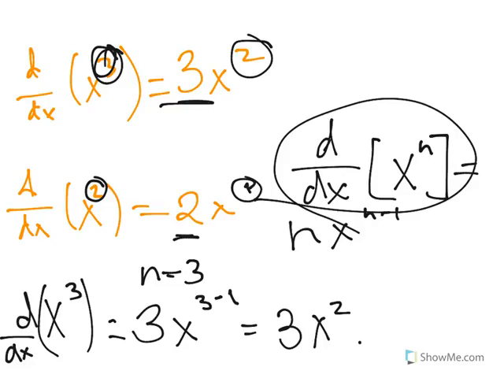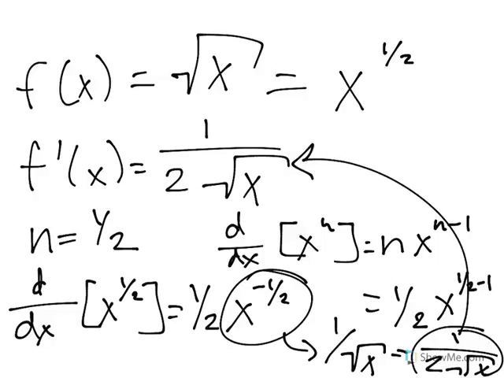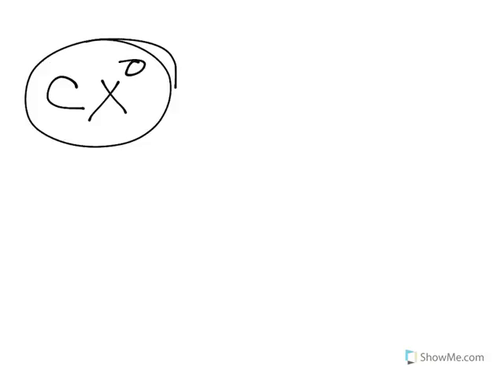So it actually works for any problem that is in this form, x to the n. Actually, what is a constant? A constant is just some value times x to the 0. We will see what happens when you are multiplying two things, but for now, let's just say that c is equal to 1.